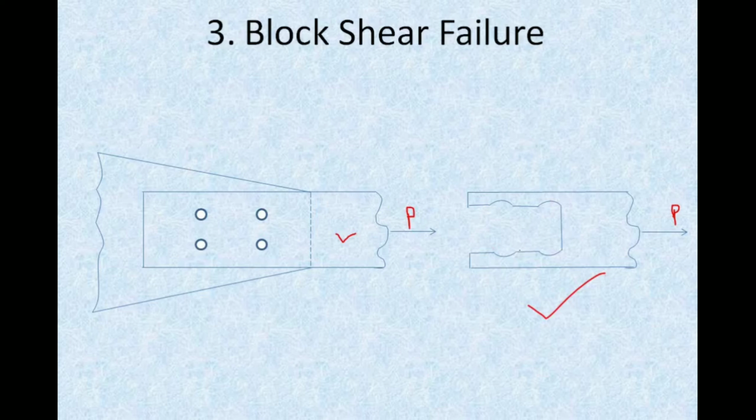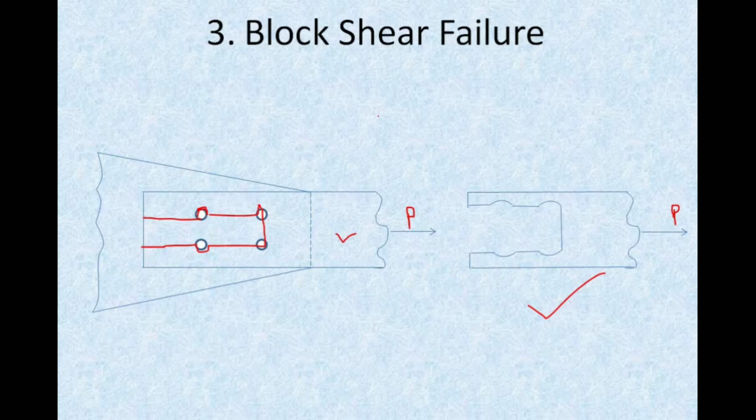That means as a block it has come out. That means due to this pull P, your plate is going to tear in this way. Then comes this portion, then again this, and then this. From the center again this, and then this. Okay, so this is known as your block failure, when the failure occurs as a block.